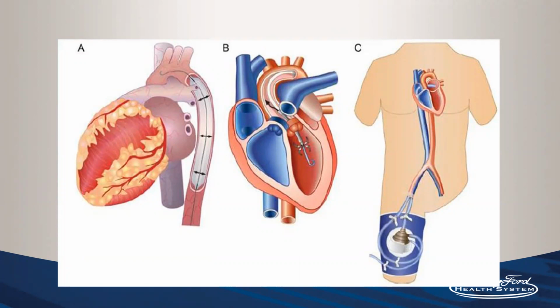Yep, femoral vein through the IVC into the right atrium and then to the left atrium across the septum. This is a device that's not used as often just because of the additional expertise that's needed to get across the intra-atrial septum, but it is a very good device.